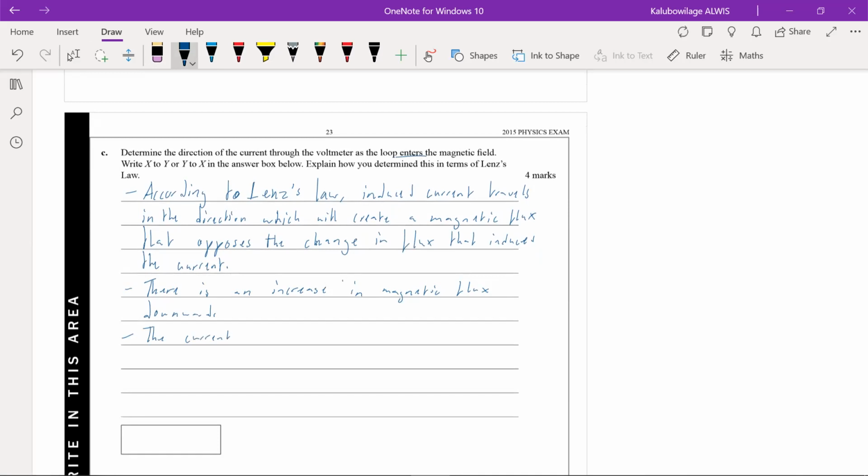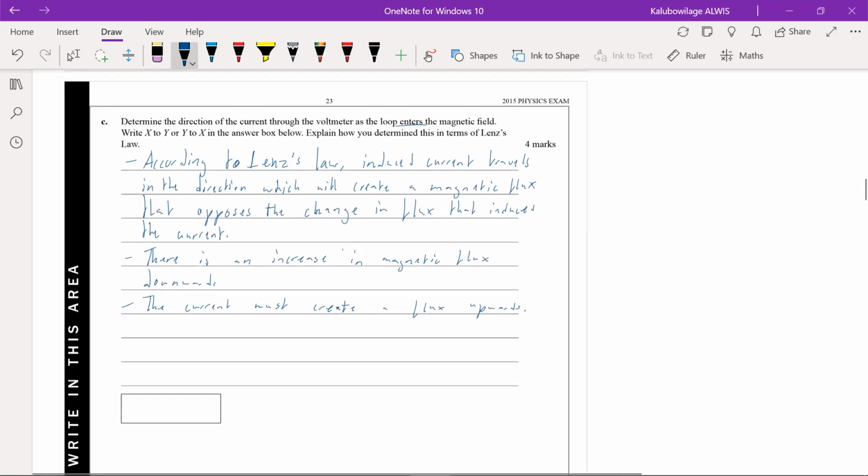The current must create flux upwards, using right and pull.